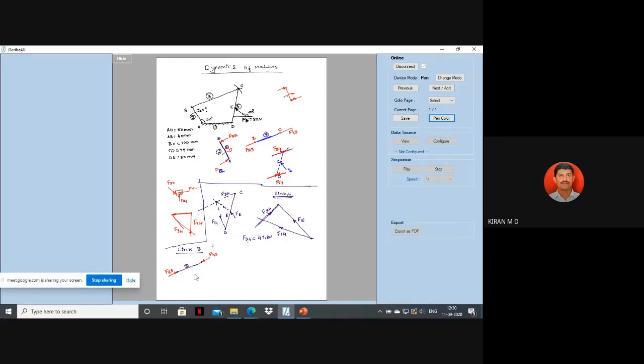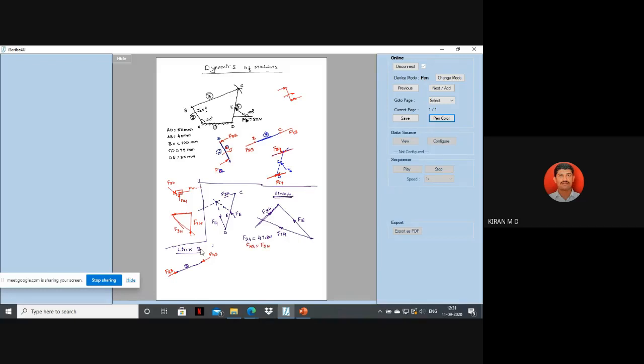So we know this condition, right? If a body undergoes two forces and you want to keep it in equilibrium, what is the condition? The force magnitudes should be the same, the directions opposite, and the forces collinear, meaning in a single line. By using this, F34 I got is equal to F43.